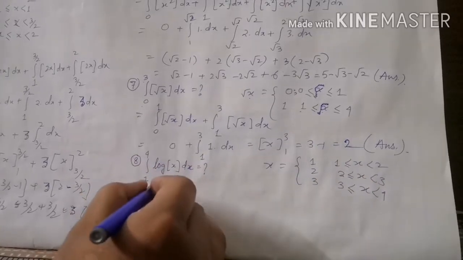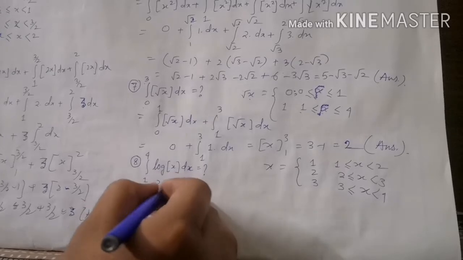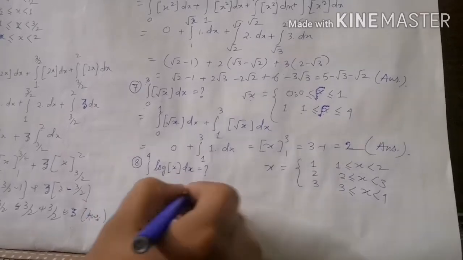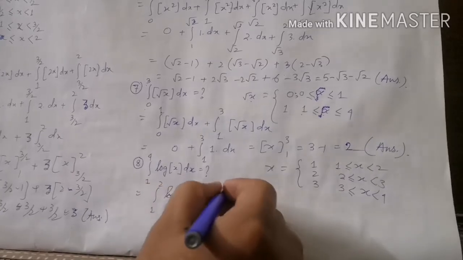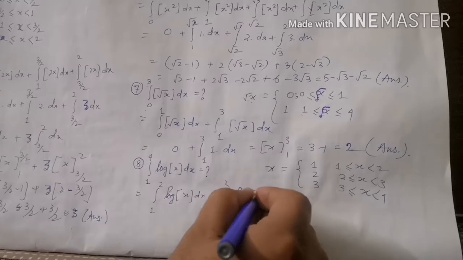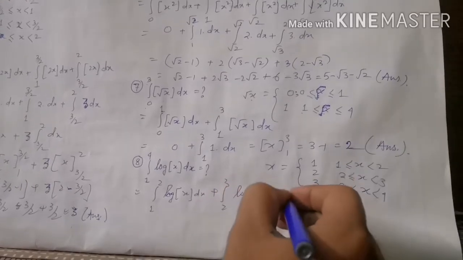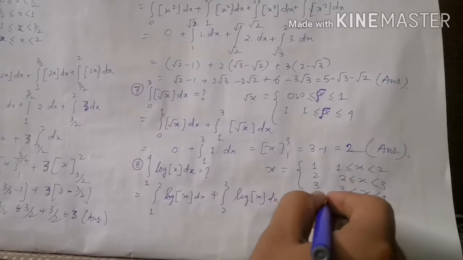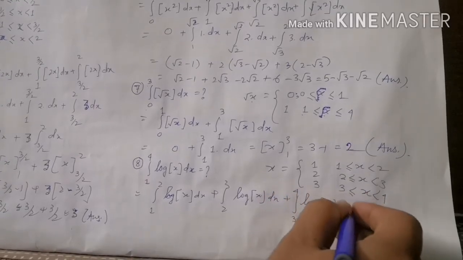Now we will split 1 to 2 ln x or log x dx plus integration 2 to 3 log x dx plus 3 to 4 log x dx.